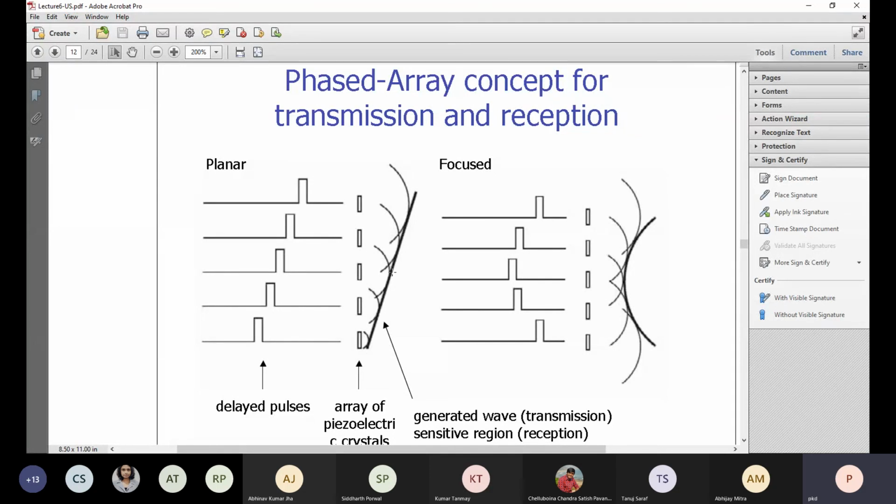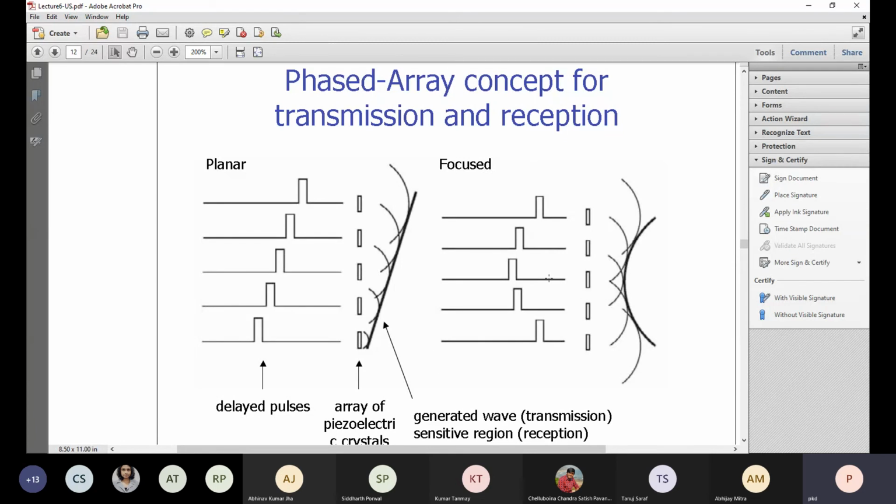As you can see, we can steer the beam in particular directions by varying the delay amount, or the slope of this delay, so we can steer the beam at various angles.